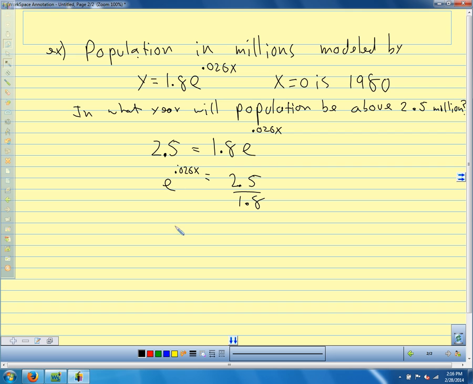When I take the natural log of this side, all I'm left with is 0.026x equals the natural log of 2.5 over 1.8. And x, I'm just going to write out our numbers here, is 1 over 0.026 times the natural log of 2.5 over 1.8.